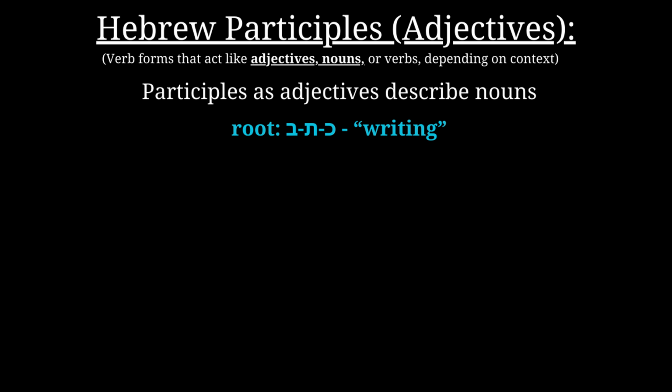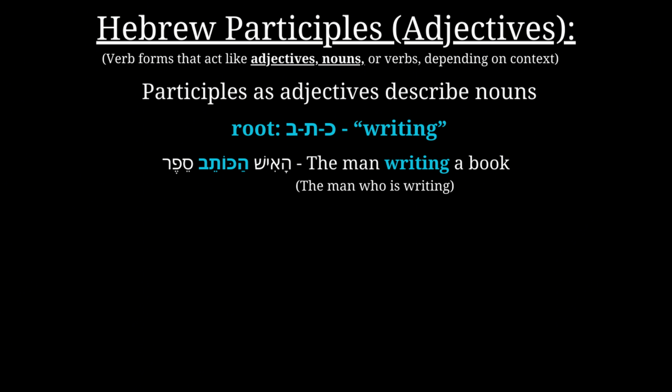When used as adjectives, participles can describe nouns, like saying ha'ish, hakotev, sefer. The man writing a book. The participle hakotev indicates a continuous action to the noun, meaning the man who is writing.